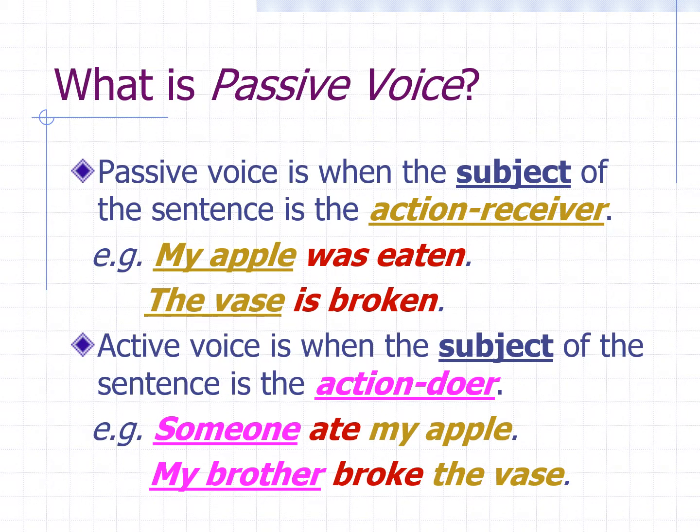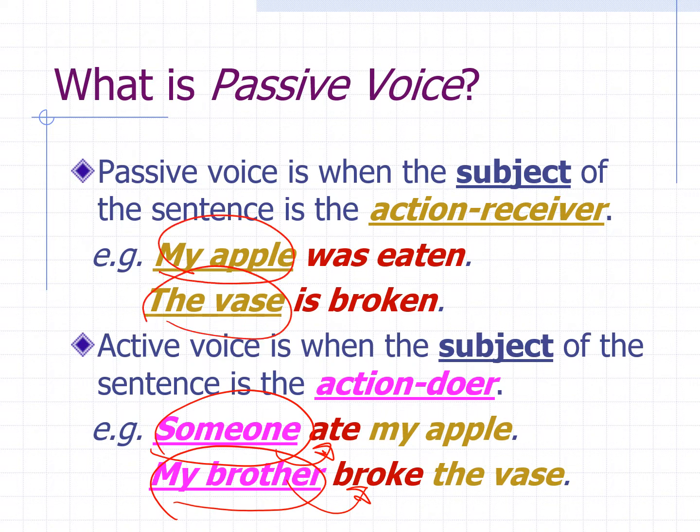Okay? Now in these two sentences, you see that the subject, someone, and my brother does the action of eating and breaking the vase. Now in this one, this is an active voice. But if you look at the first two examples, my apple, my vase, now these two, they cannot do the action of eating, and the vase cannot do the action of breaking.